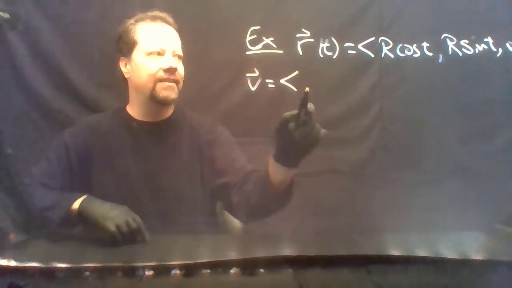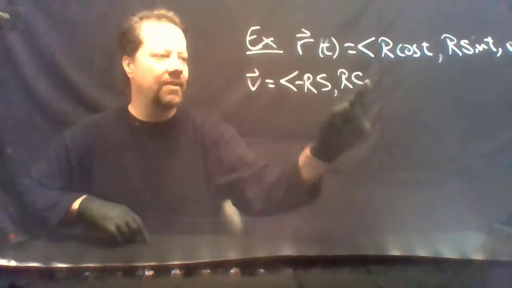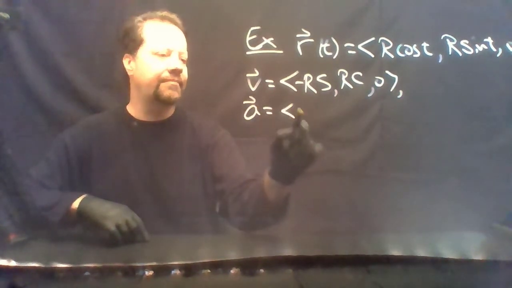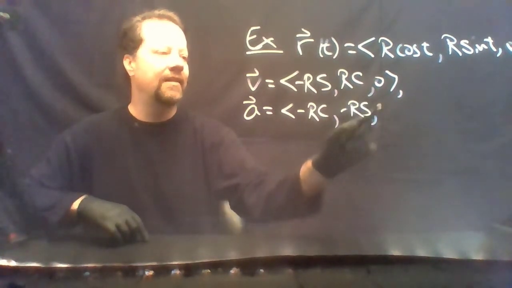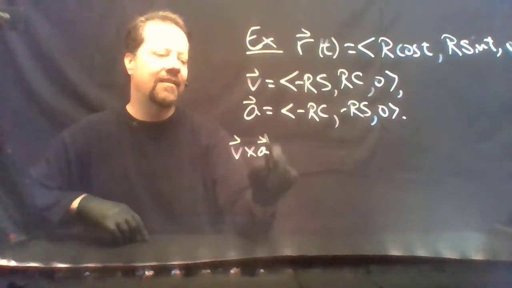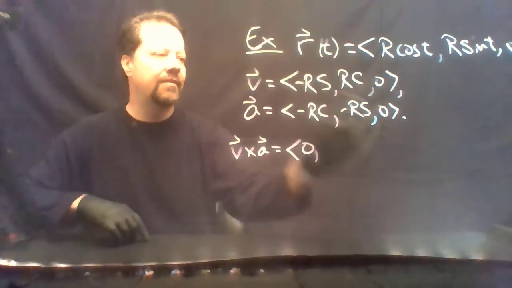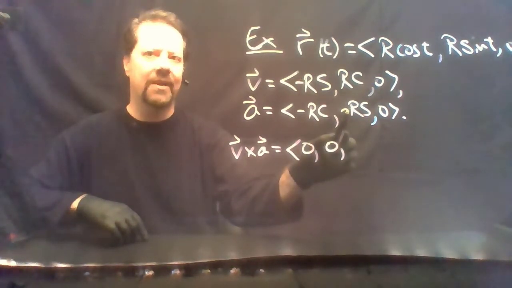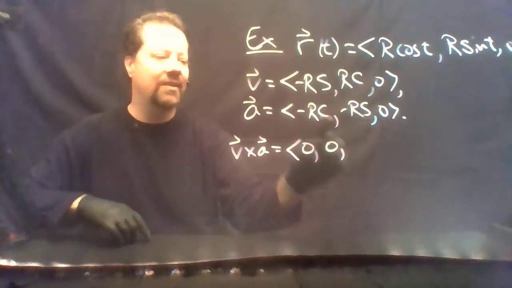The velocity vector is negative r sine, r cosine, 0, and the acceleration vector is negative r cosine, negative r sine, 0. The cross product then is 0, 0, positive r squared sine squared minus a negative is positive r squared cosine squared.